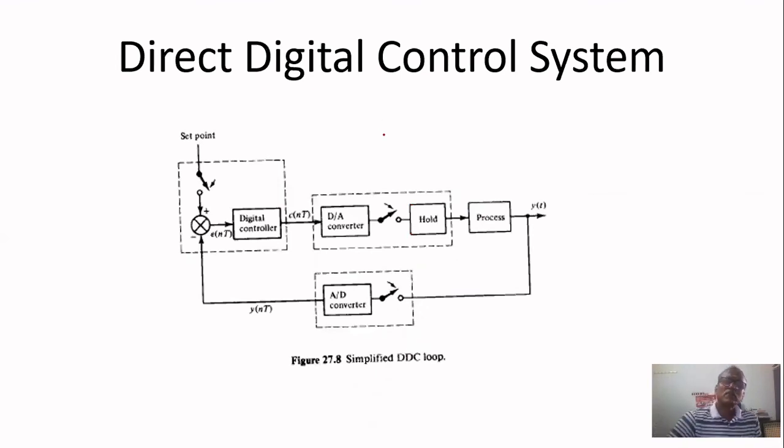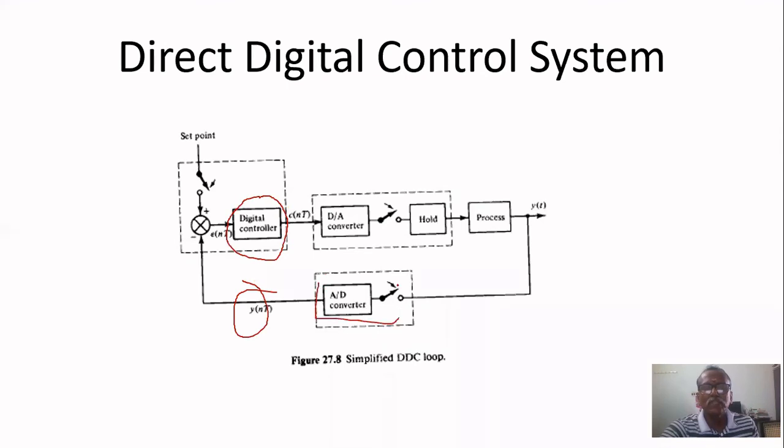In the previous example, we have included final control elements and all. Generally, a digital control system can be represented with minimum components, as a simplified direct digital control system. Here it is a digital system, so it will accept only sampled values.